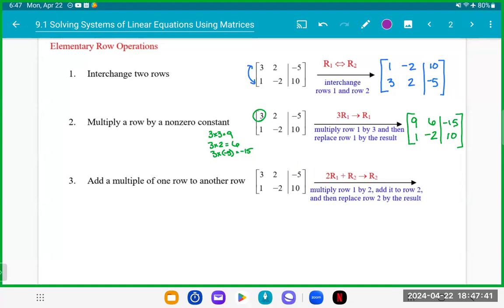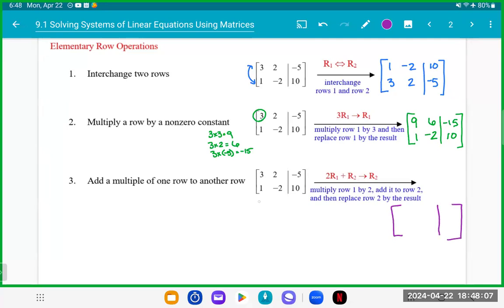And this last one says if we do 2 times row 1, add it to row 2, and replace row 2. That's kind of what that arrow is. If it's a single arrow, it's saying whatever I do in this operation, I'm going to replace it over here.